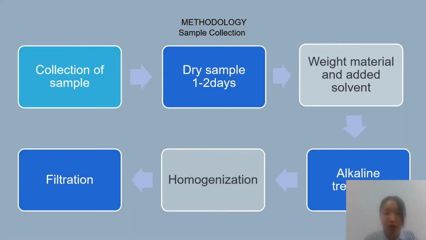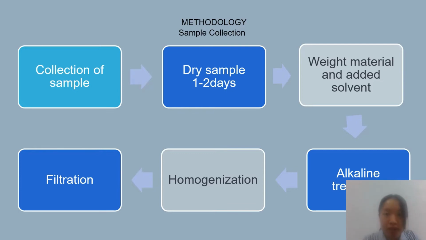Methodology of sample collection. 3 different agriculture biomass, which are coconut, sugarcane, and lemongrass leaf, were collected, cut into smaller pieces, and dried for 1 to 2 days in the oven. The samples were weighed and the solvent was added for alkaline treatment. Homogenization was done to make the cellulose smaller and more uniform.